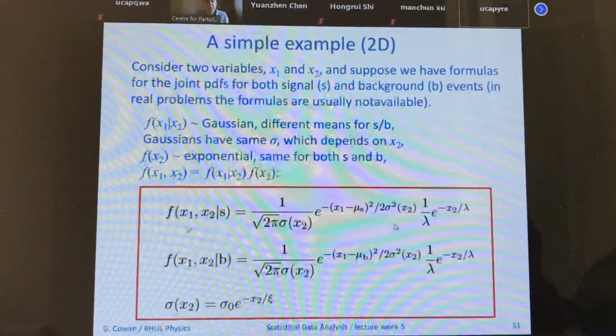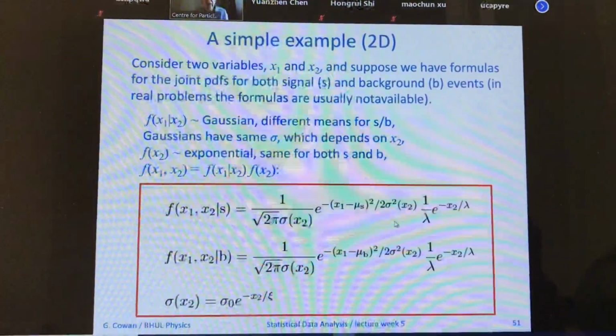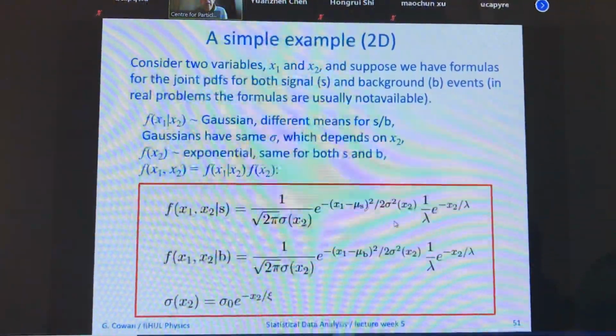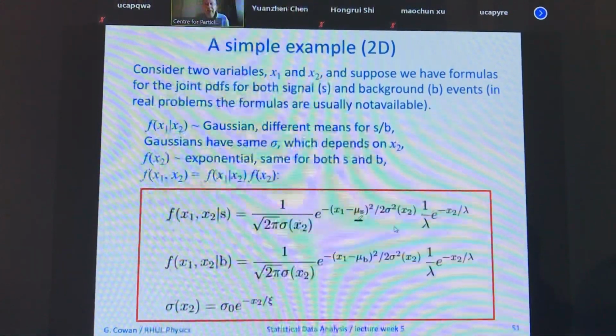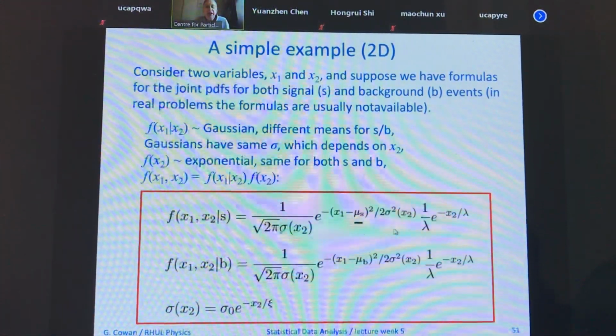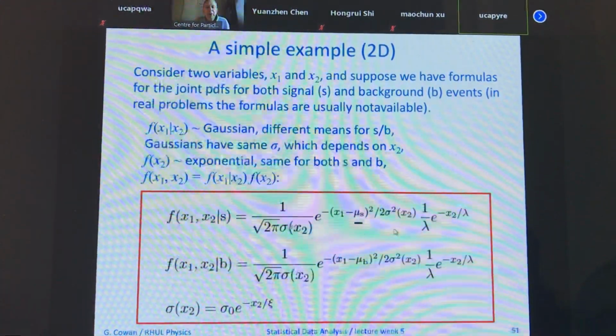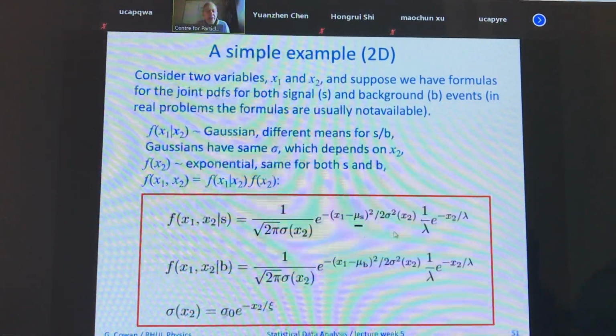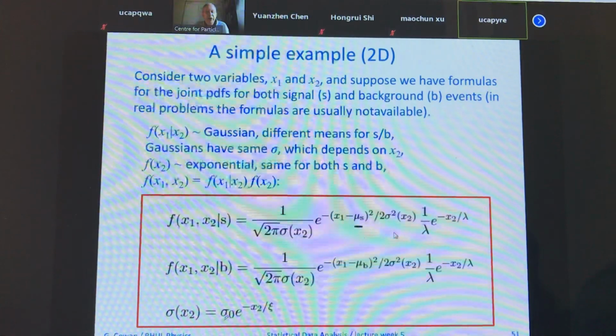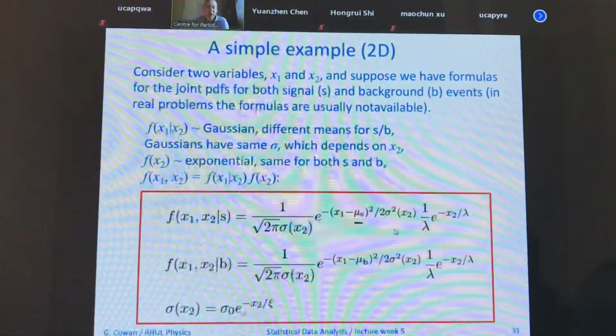All right, so the joint PDF for x1 and x2 is, first of all, a Gaussian centered about a mean that I'll call mu sub s. And it's got a standard deviation sigma, which is a given function of x2. I'll take that function to be a constant that I call sigma 0 times an exponential term.